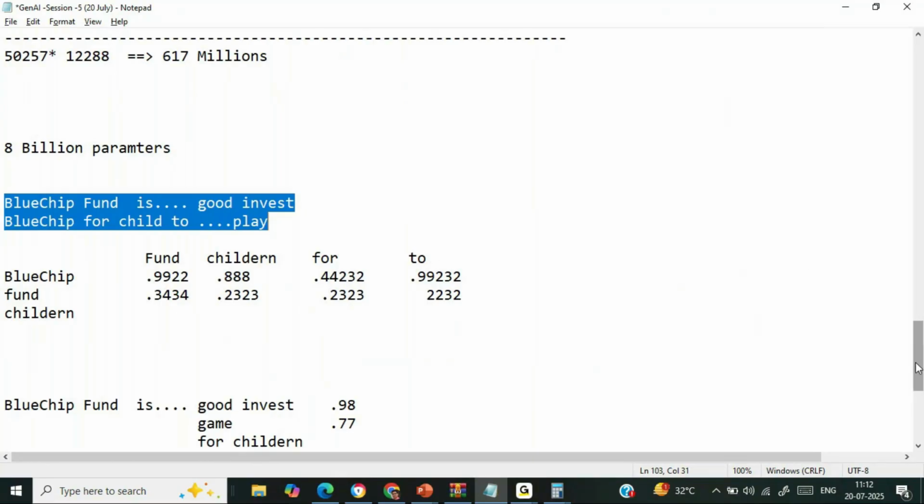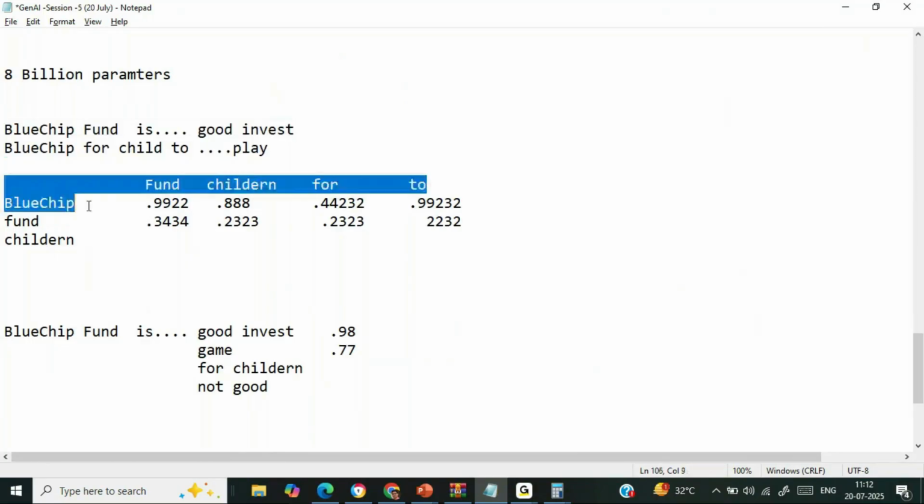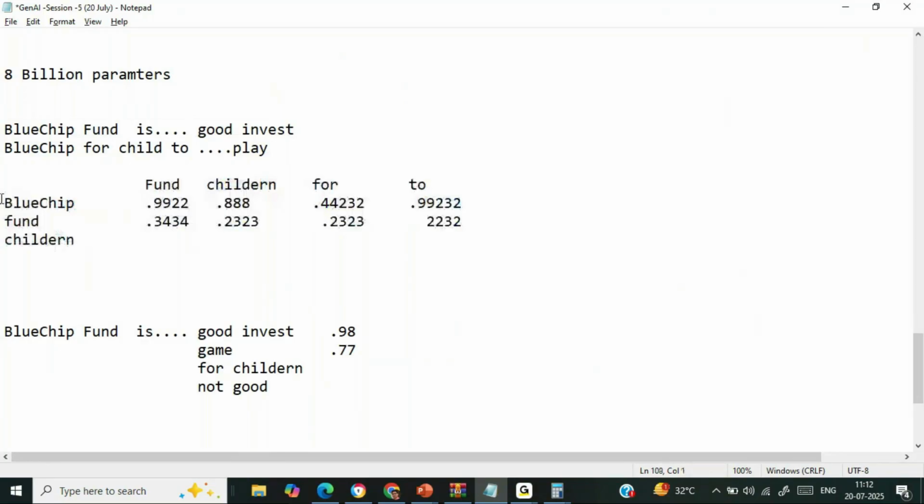Okay, so it might be possible that the English grammar is not correct, so it has taken it in a different way, right? So based upon those things, each and every token will have a relationship in terms of weights.